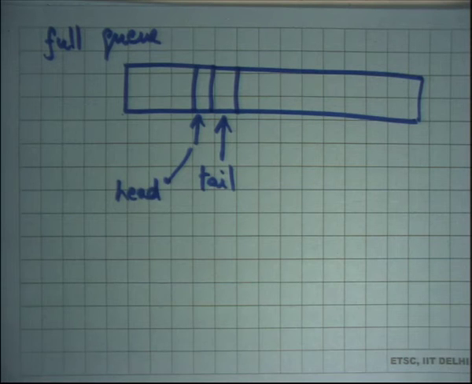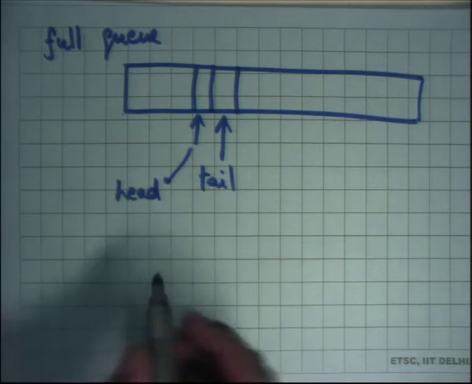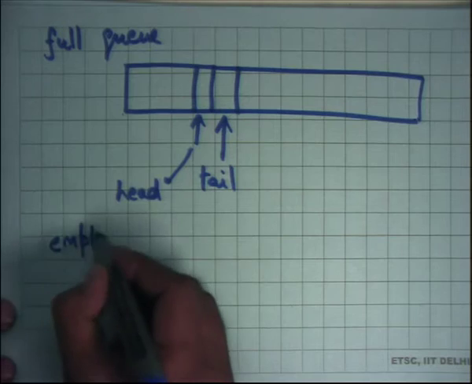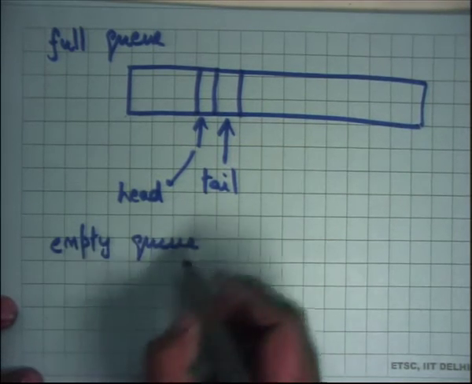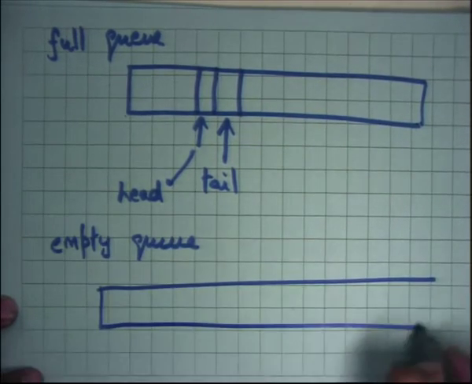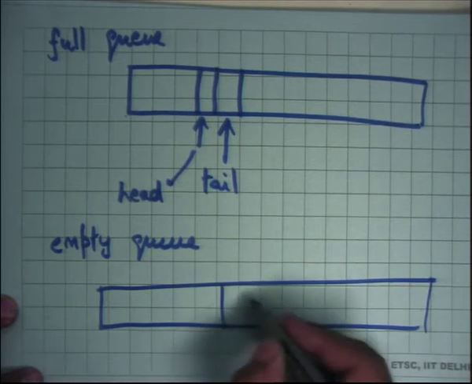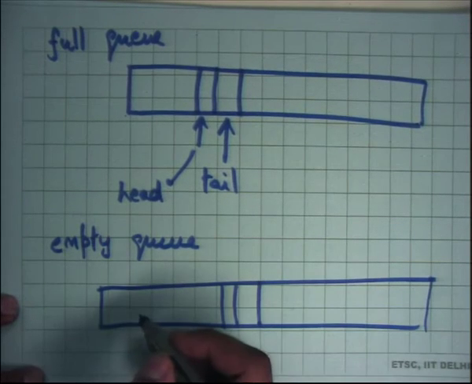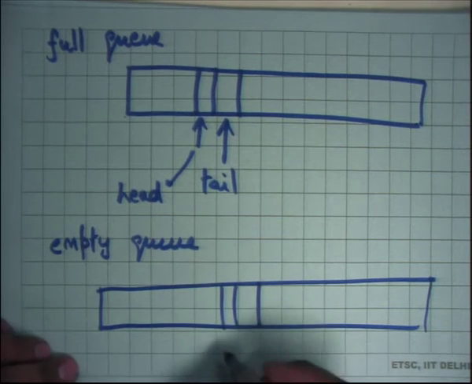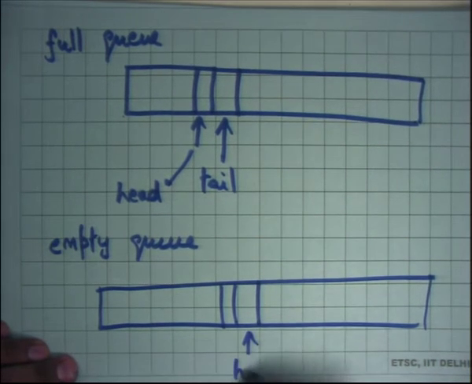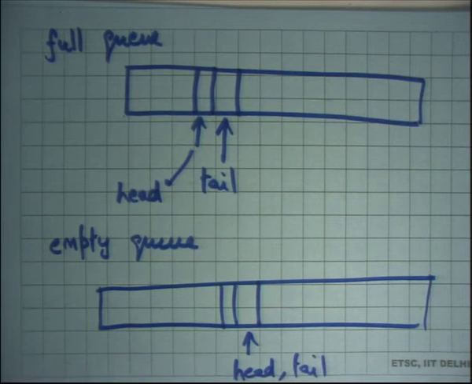So this is a full queue. What is an empty queue? Tail and head are equal. So if head is equal to tail, then that's an empty queue. Basically the tail has hit the head, and now I cannot consume anything. There's nothing ahead that's useful.